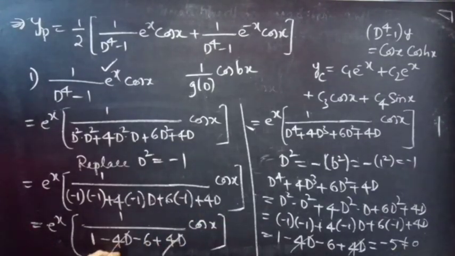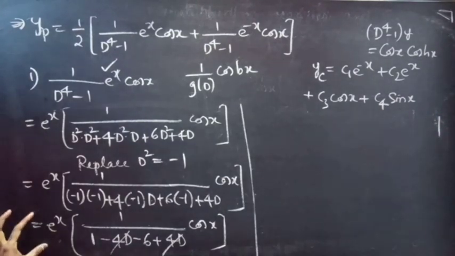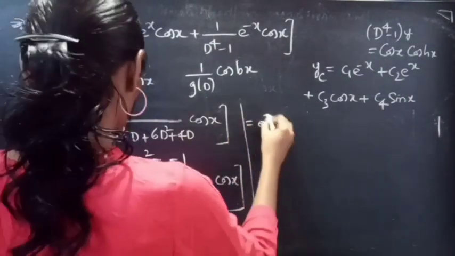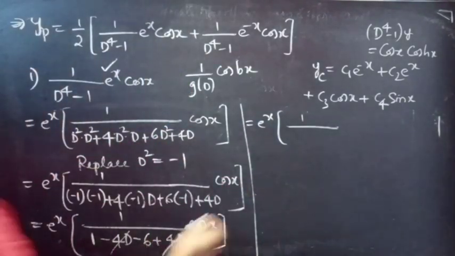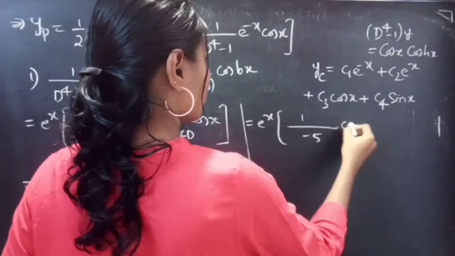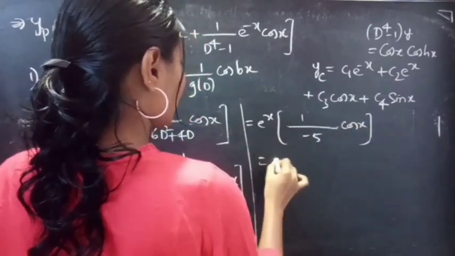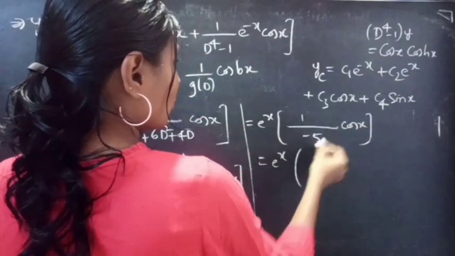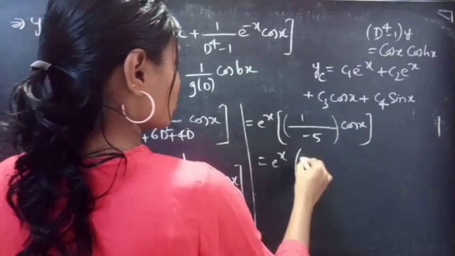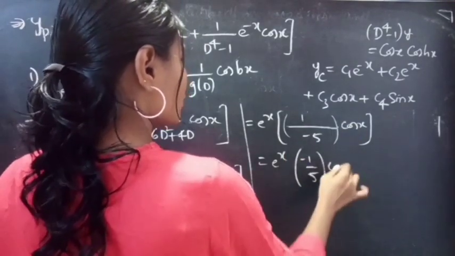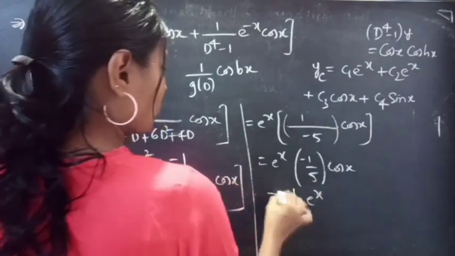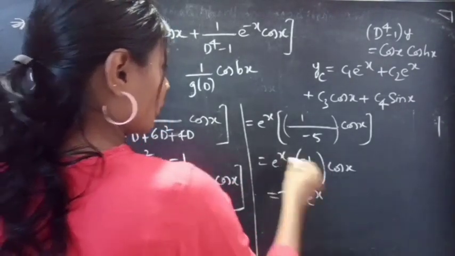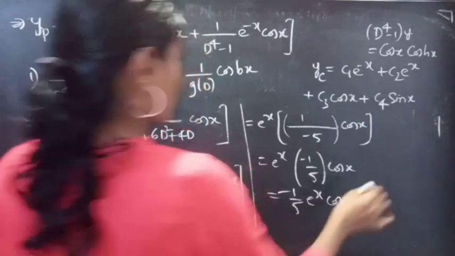Here plus 4d minus 4d gets cancelled and this becomes e power x into 1 by 1 minus 6 is minus 5 into cos x, or we can write it as e power x into, we can write 1 by minus 5 as minus 1 by 5 into cos x. This equals to minus 1 by 5 into e power x cos x.